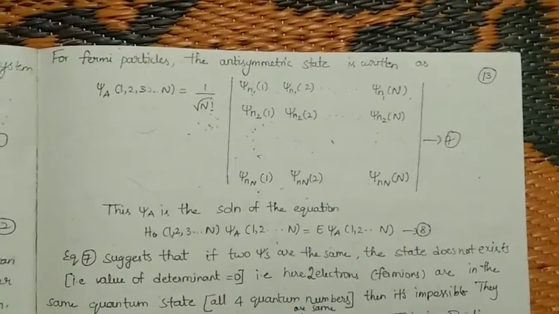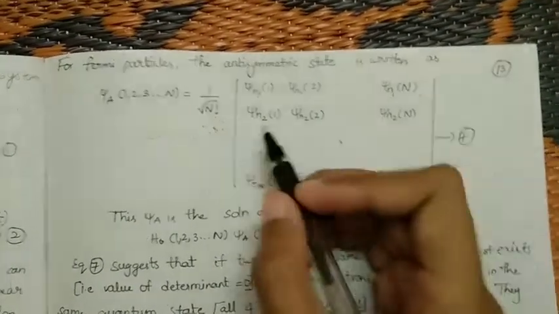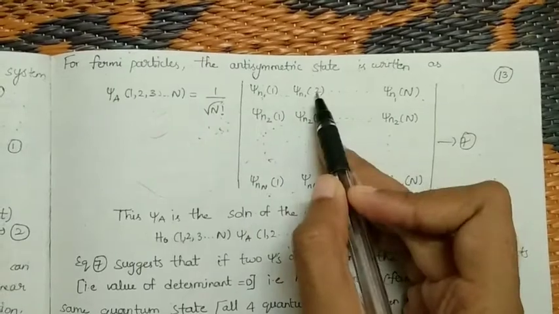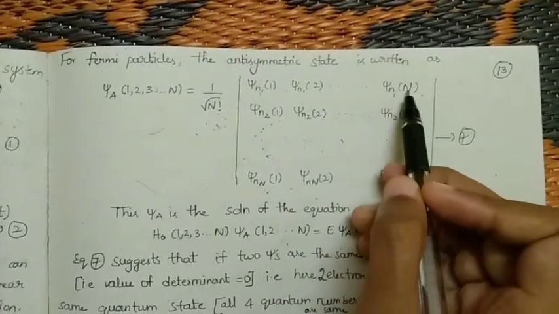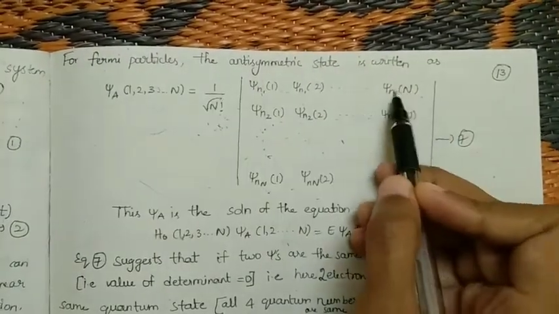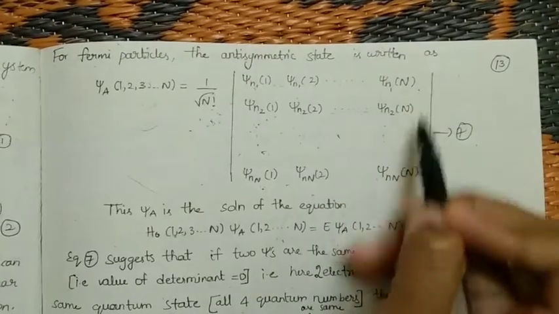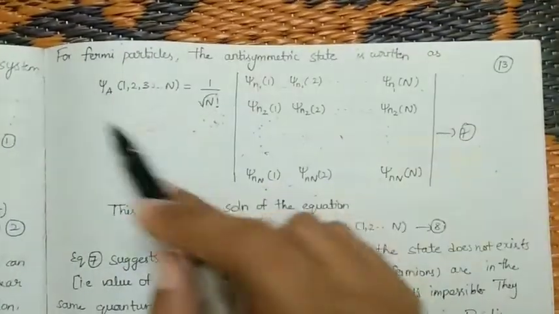That means the first particle is in state n1, the second particle in state n2, and the nth particle in state nn. If you find the determinant of this, we obtain the antisymmetric wave function.